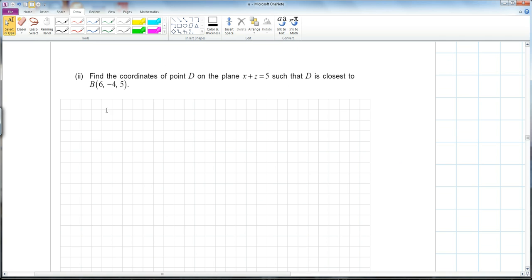Alright, so for this one what we want to do is work out the equation of the normal to the plane that passes through this point here.